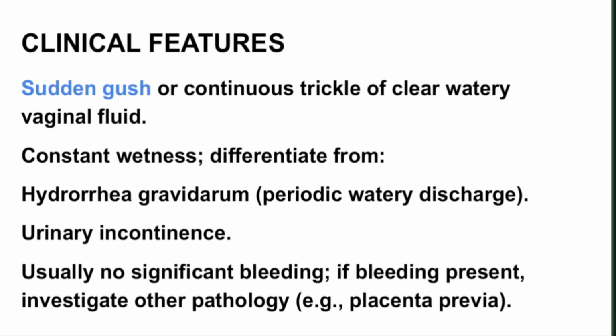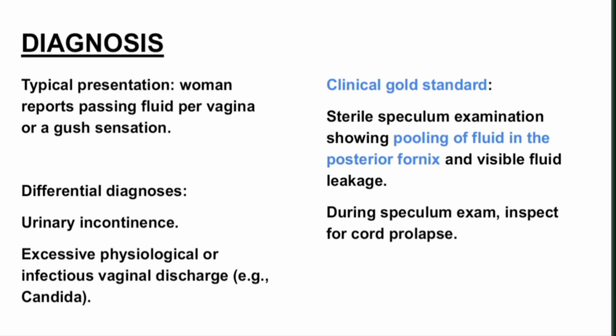Okay, so in our setting, a woman will come to you complaining of a gush of fluid or a continuous trickle of water, which is clear and which is coming out from the vagina. When it comes to making your diagnosis, it's basically based on the typical presentation of how the woman comes in.